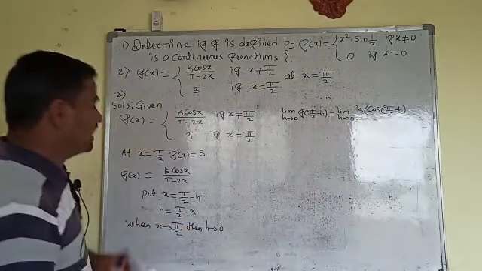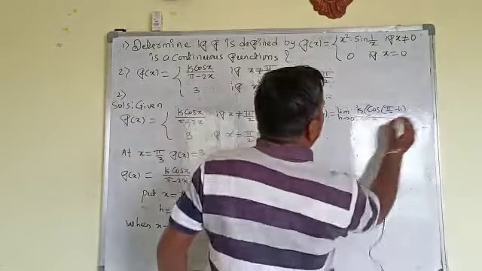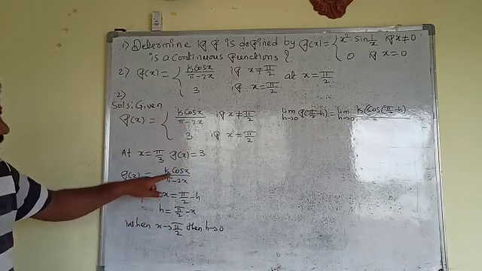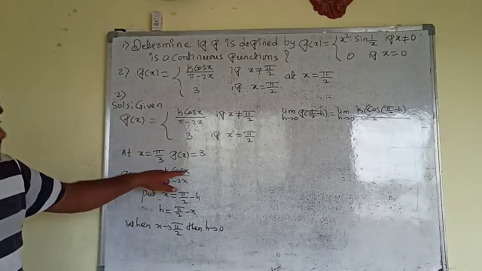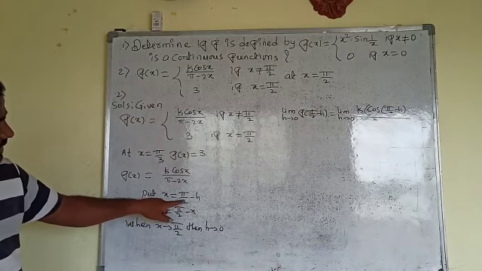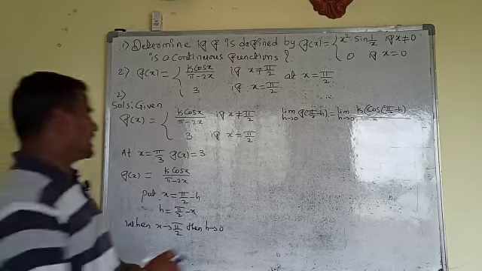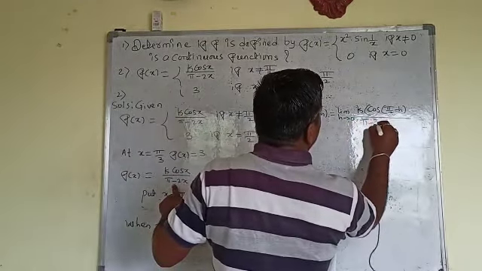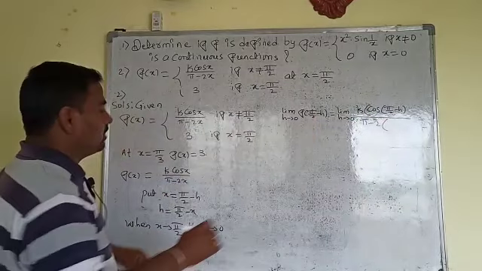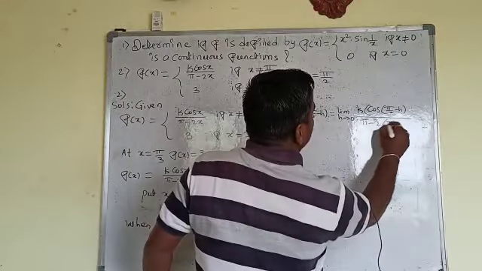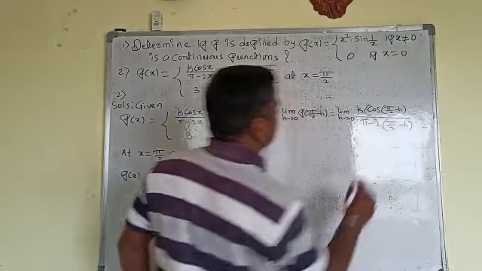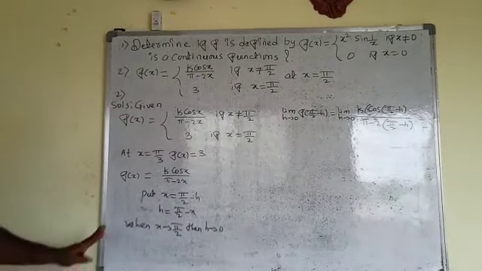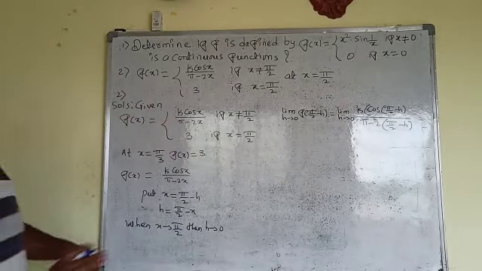Divided by, in the denominator, pi keep constant minus 2x, means pi minus 2 times pi by 2 minus h. Clear? Just observe this one.